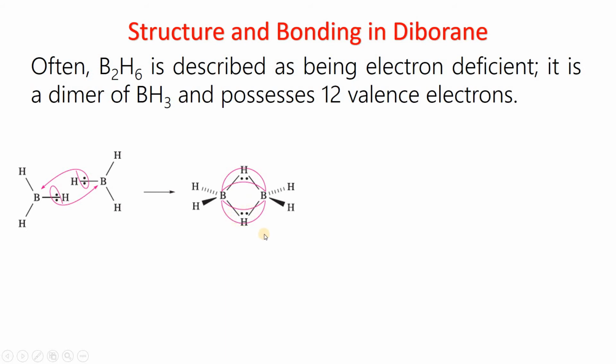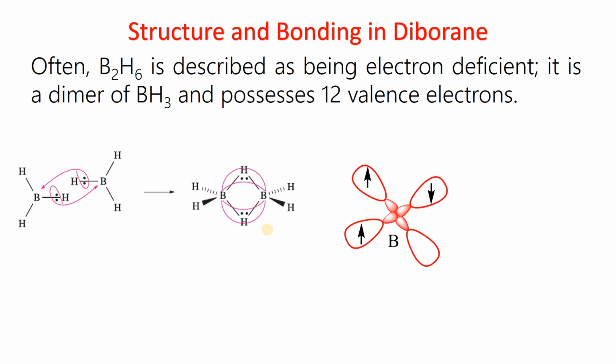So these are not normal 2 center 2 electron bonds, but electron deficient 3 center 2 electron bonds. So there are 4 2 center 2 electron bonds and 2 3 center 2 electron bonds, and these bonds are also known as electron deficient bonds or banana bonds because they are drawn in the shape of a banana.